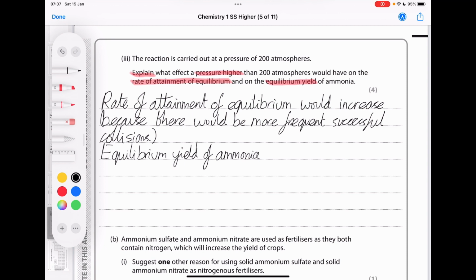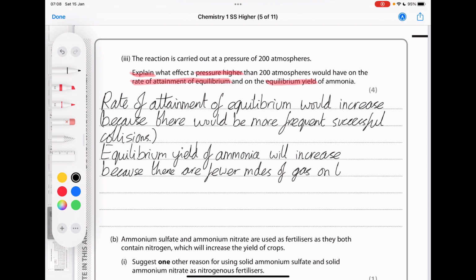The equilibrium yield of ammonia will increase because there are fewer moles of gas on the right side of the equation.